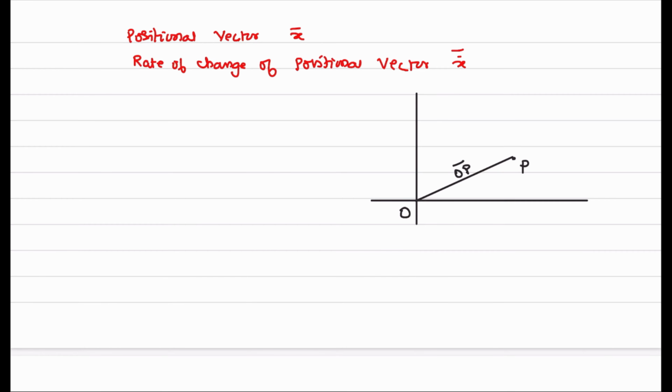Then with time, what is the change in the positional vector? For example, the particle P has moved to Q in a time t.